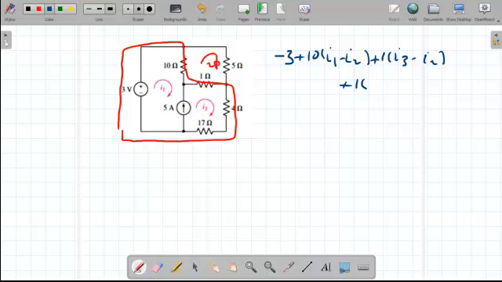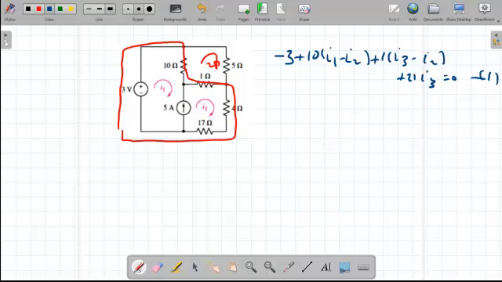We can combine them, so 4 plus 17 becomes 21, plus 21 I3 equals 0. So this is my first equation.